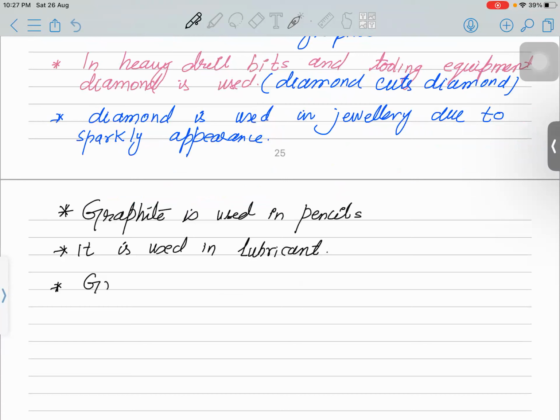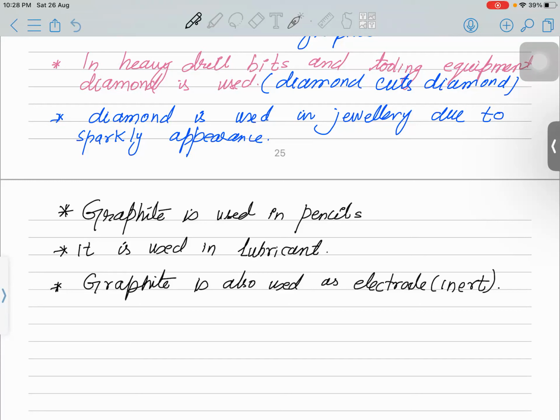Graphite is also used to make inert electrodes. What is an electrode? You know electroplating: if you have a golden watch, gold is plated on a metal.